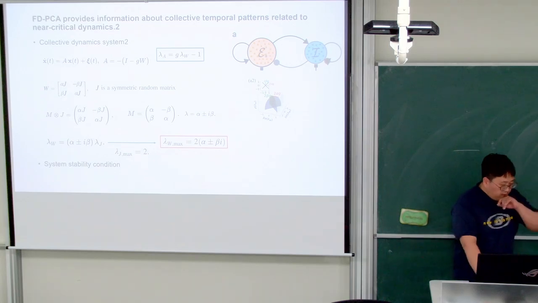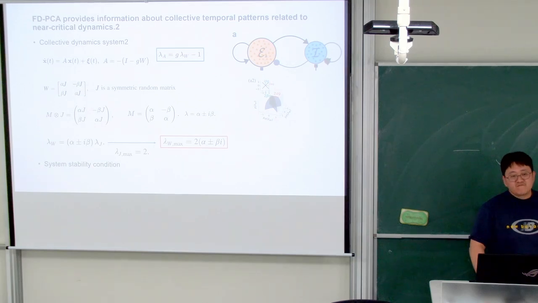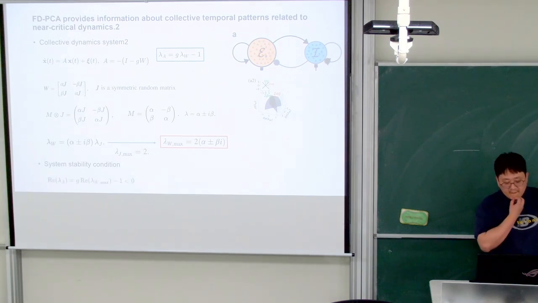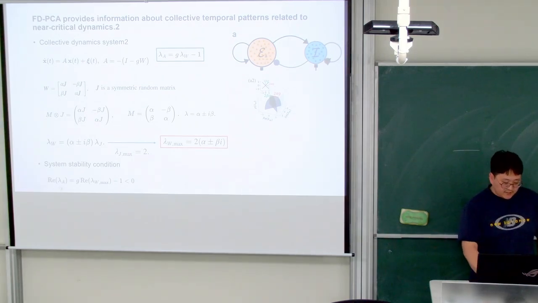So if the system stays stable, then the real part of this eigenvalue should be lower than 0, isn't it? So, yeah, if the system stays stable, then this condition should be satisfied.